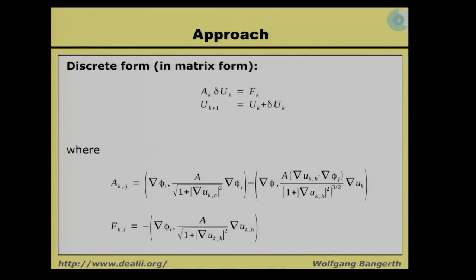So in matrix form, what I need to solve is A_k delta u_k equals F_k, and then when I have delta u_k, I can compute the update. Down here, you see the form of the matrix in the first row and the form of the right-hand side down here. This is the sort of thing that I need to assemble in every Newton iteration and then solve the corresponding linear equation that I have up here.